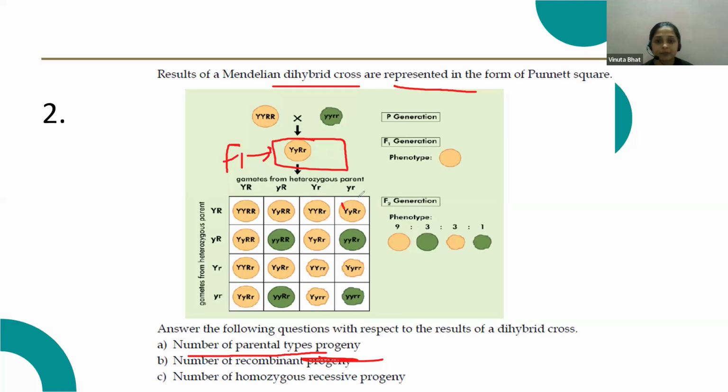So this one, YYRR, and 2, 3 and 4. Remaining, check it. I think 4 is the correct answer. Number of parental type progeny, that is 4.